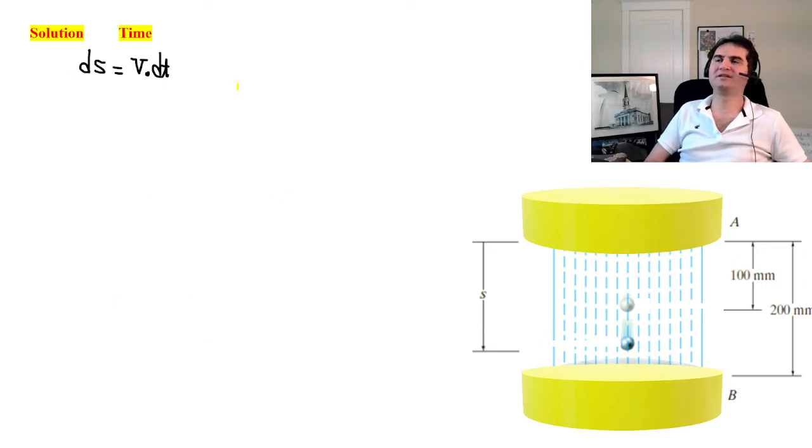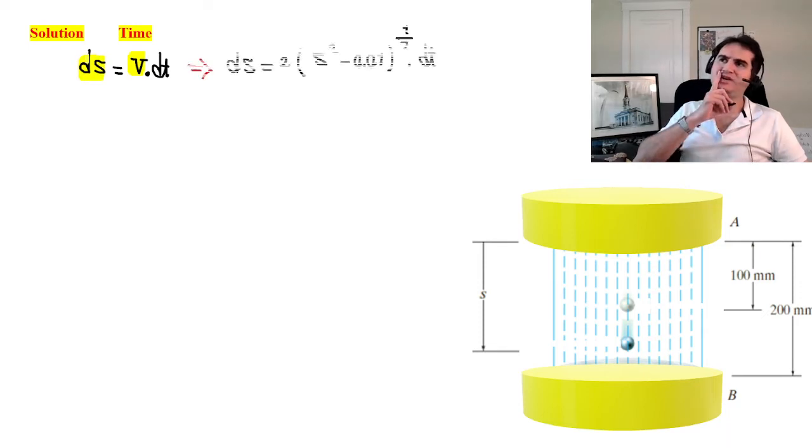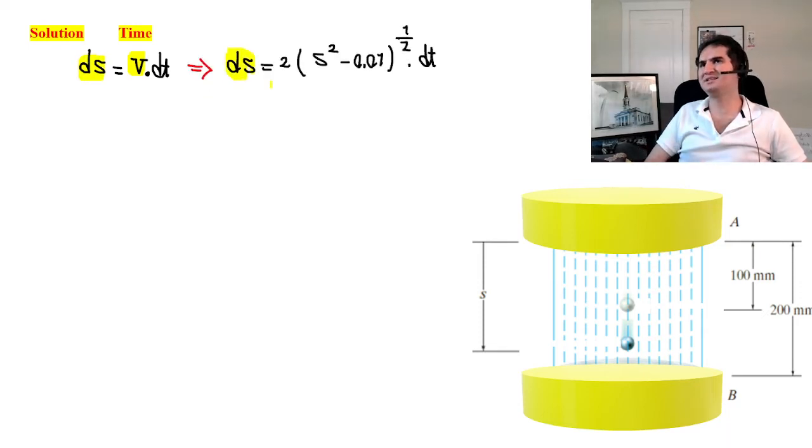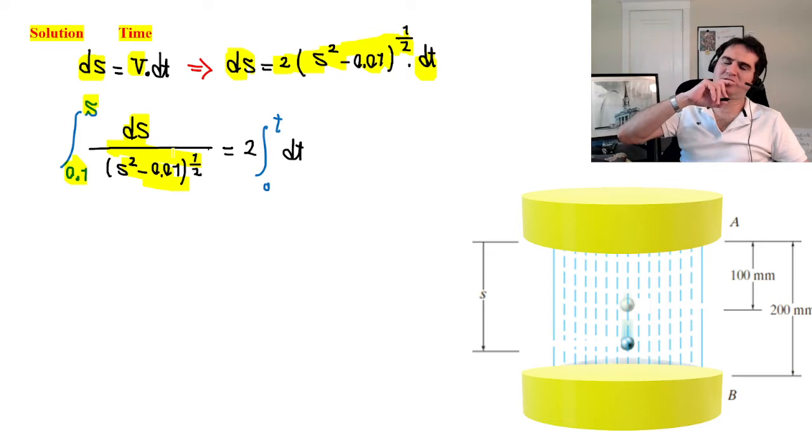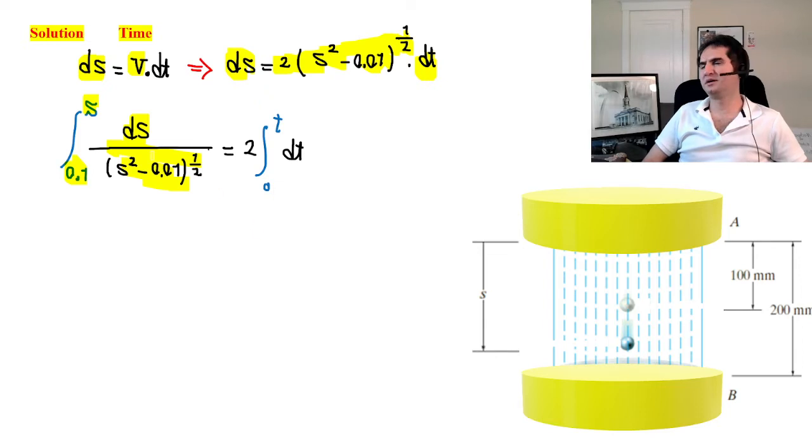As soon as we have the velocity function, for the calculation of time we know ds is v times dt. If you integrate both sides and take this part under ds, it gives us the integral of ds over the square root of s squared minus 0.01, equal to 2 times the integral from 0 to t of dt.